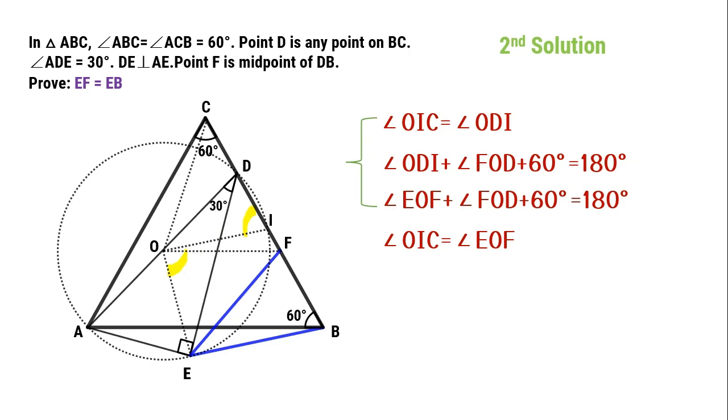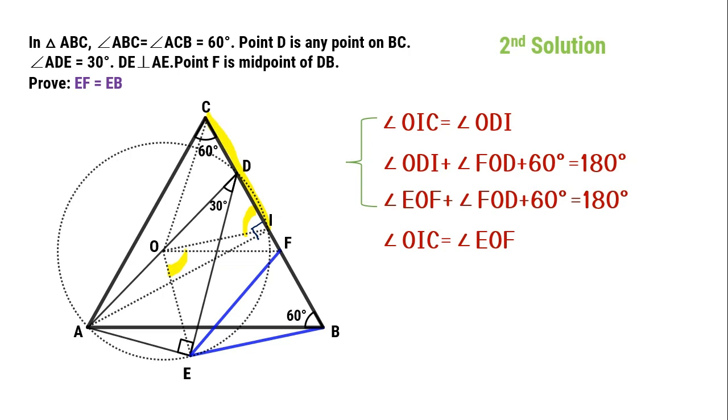If we connect AI, we can get angle AIC also equal to 90 degrees because AD is the diameter and I is on the circle. In equilateral triangle ABC, AI is perpendicular to BC.